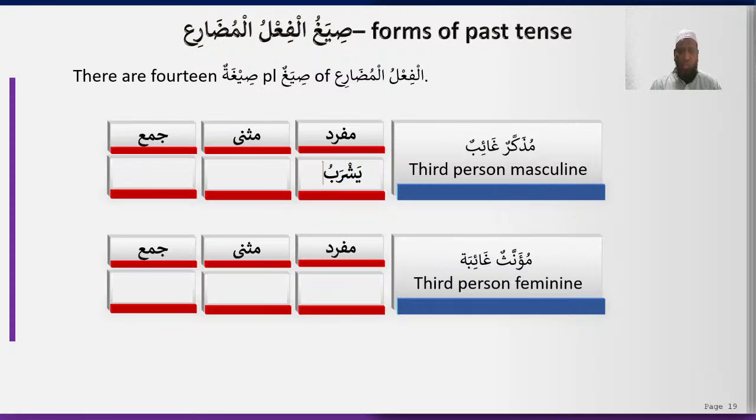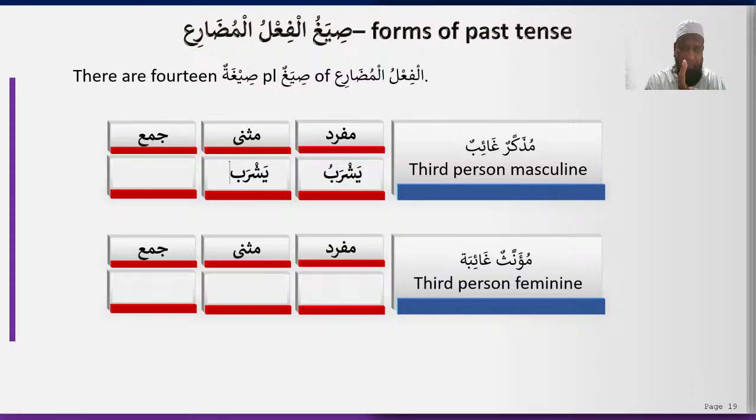يشرب. Once I have the first صيغة, I know the عين الكلمة بفتحة. For the rest of the صيغ, عين الكلمة فتحة. Now we cannot change it. يشرب. I need to make مثنى. Again, it's very easy. يشرب. There's the ba.